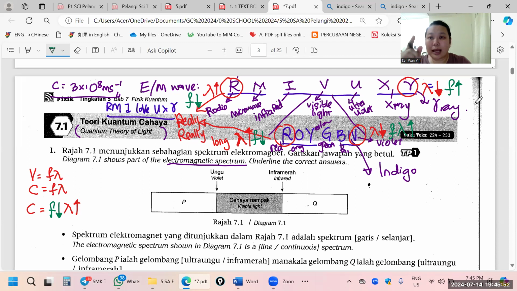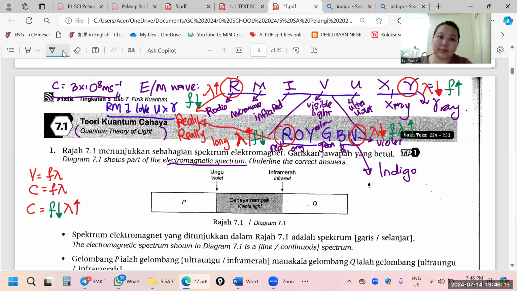Okay, R M I V U X gamma. Roy give birth. Left-hand side, longest wavelength, lowest frequency. Right-hand side, highest frequency, shortest wavelength. Okay, clear?